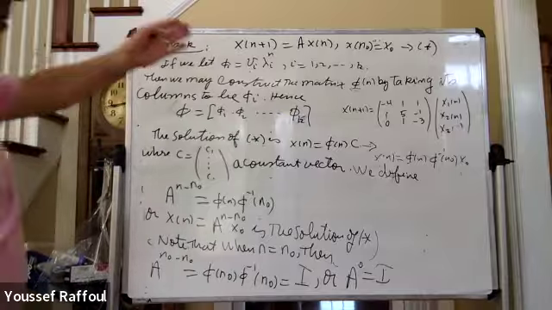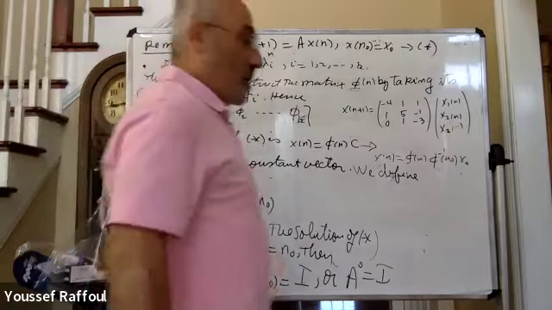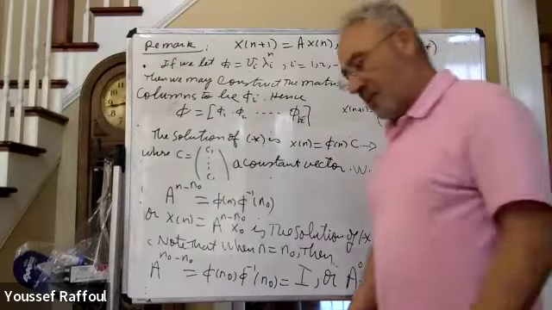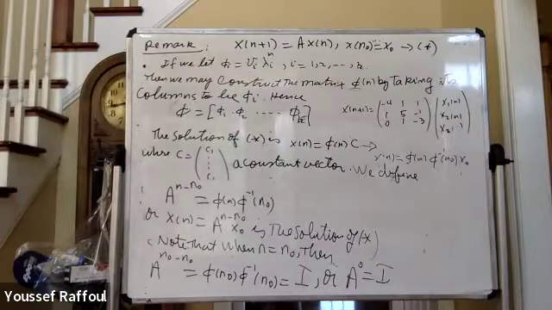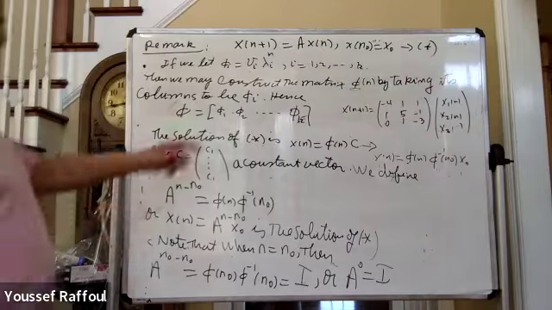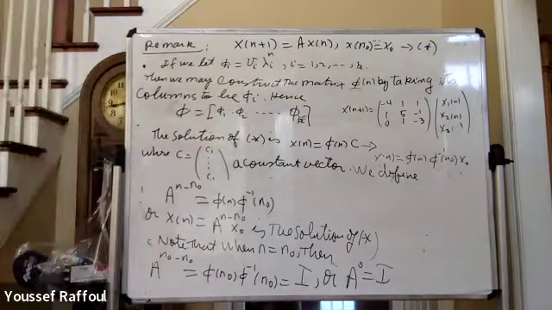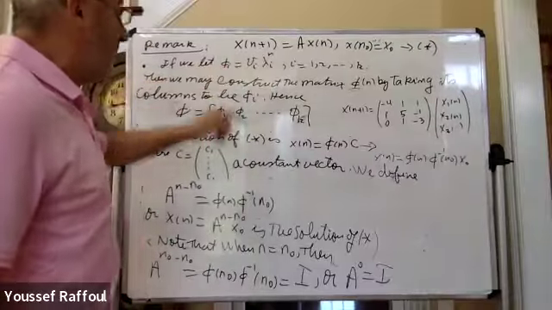So let's summarize what we really have done. If you have a system like this where A is a constant matrix, and let's make it the simplest case, if all the eigenvalues of A are distinct, then the corresponding eigenvectors v_1 all the way to v_k are linearly independent, and its solution can be written as phi equal v_i lambda_i to the n.